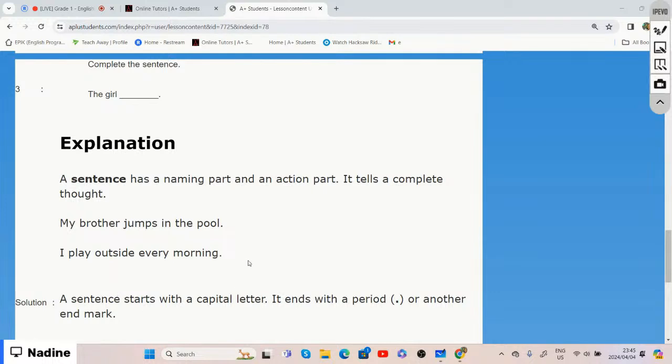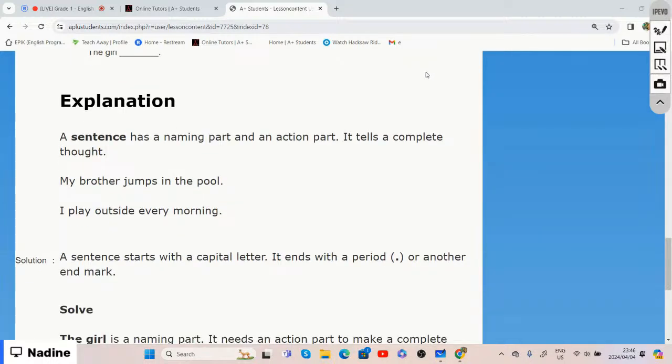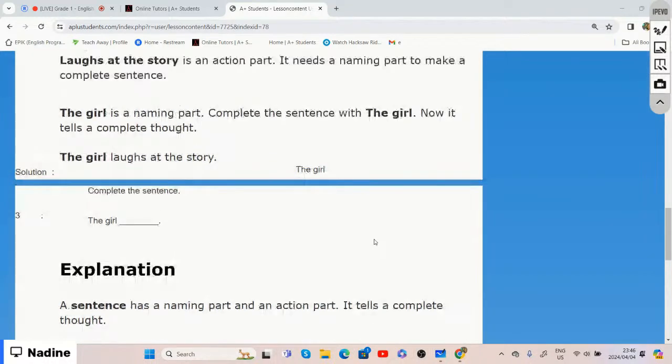And if you say the girl fell, basically we have a sentence and we have a complete thought.